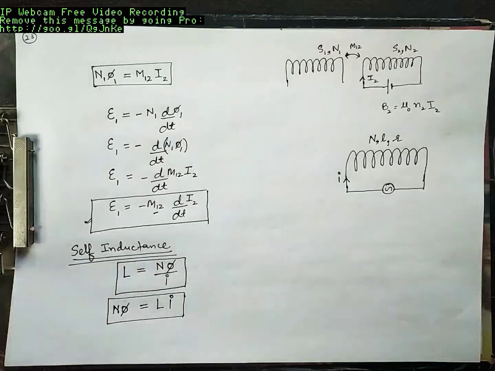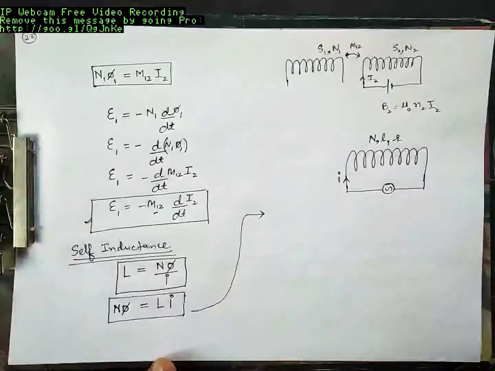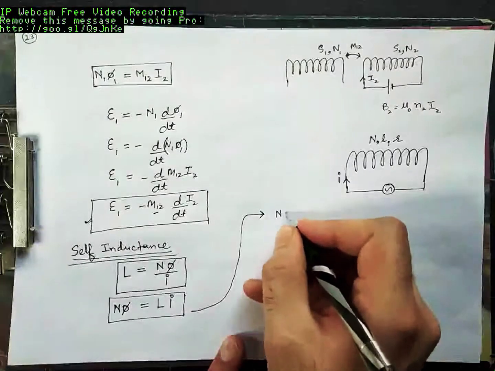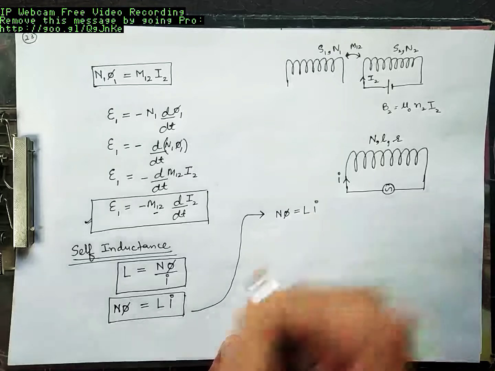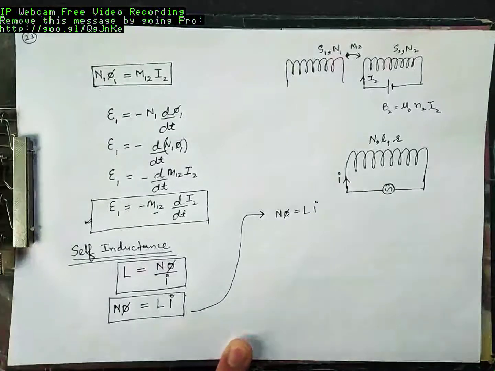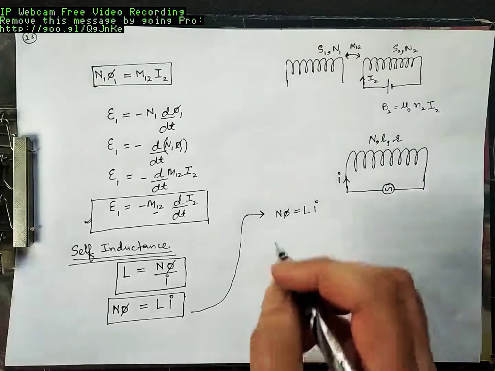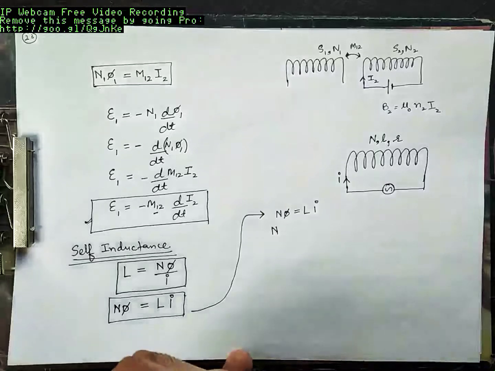I will use the same concept that I used in the last class. Let's take it here. Can't I write this N phi is equivalent to LI? N is the number of turns, phi is flux.